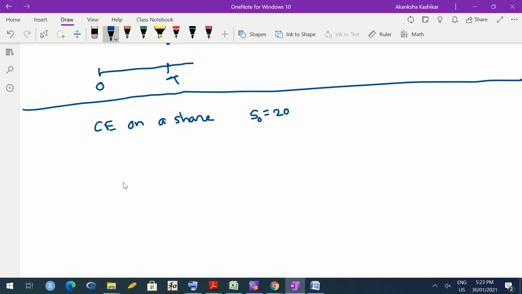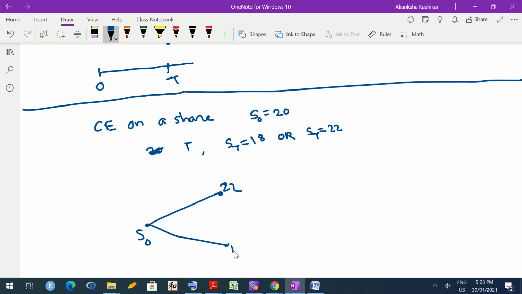We assume that the possible values at time capital T are either 18 or 22, because one value has to go up, the other has to go down. So this is the current value, which is 20, and the other possible values are 22 and 18.